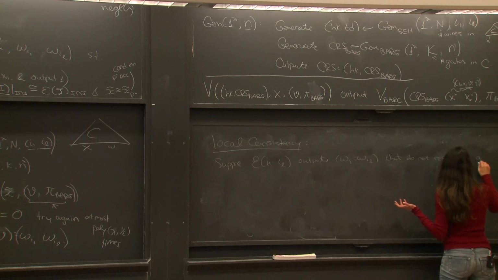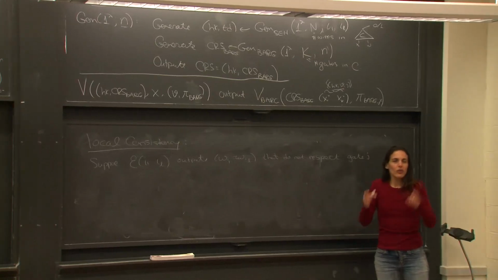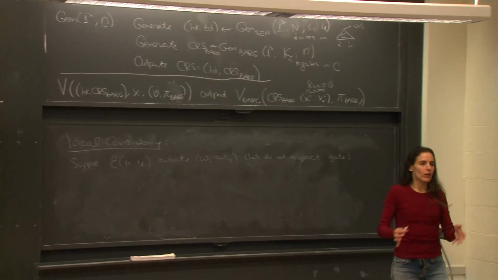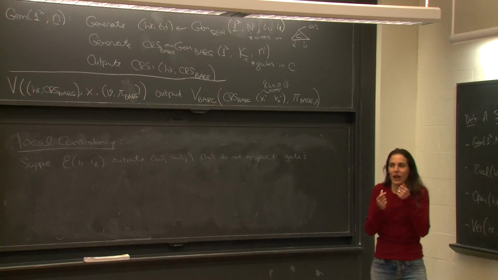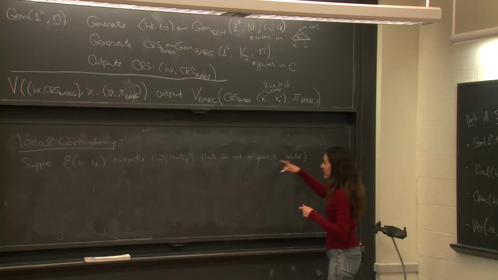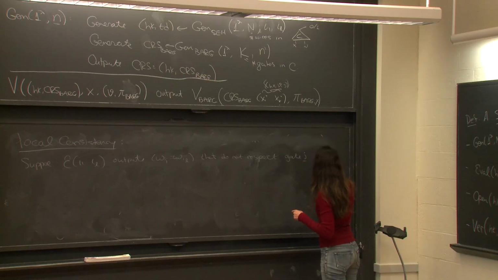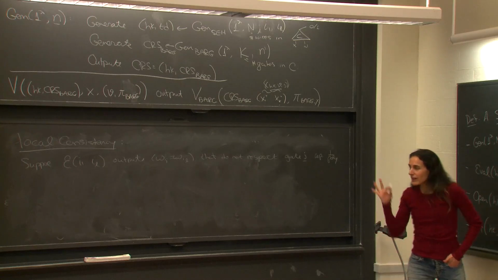Let's fix a gate J, with non-negligible probability. If there's one gate that doesn't respect, choose one at random, so it won't be respected with probability 1 over poly. Suppose there exists some gate J that is not respected with probability 1 over poly. Now let's look at the BARG.